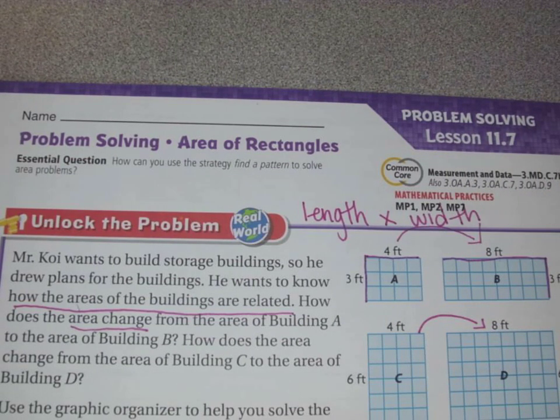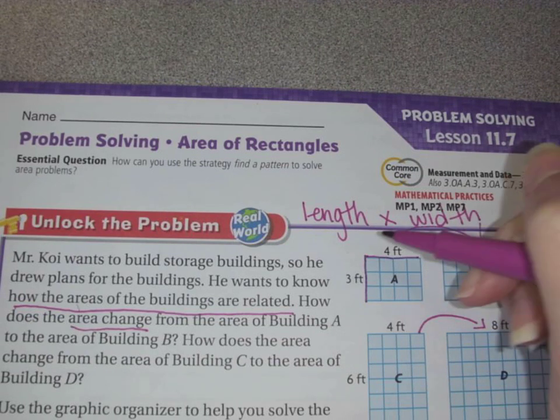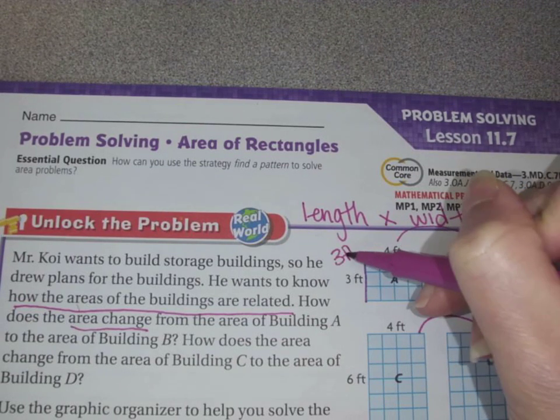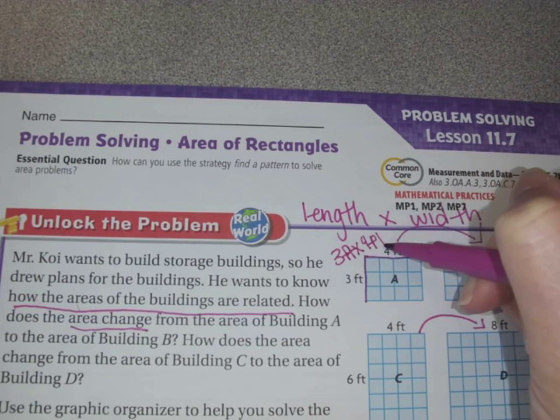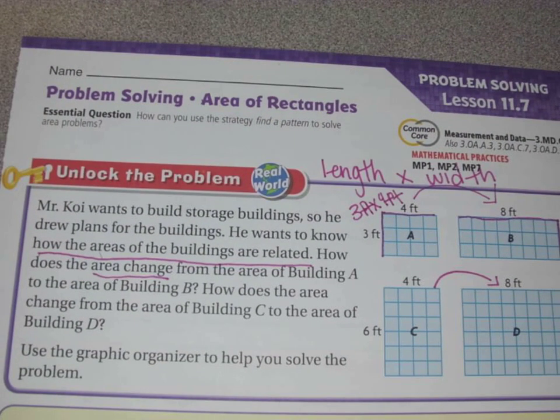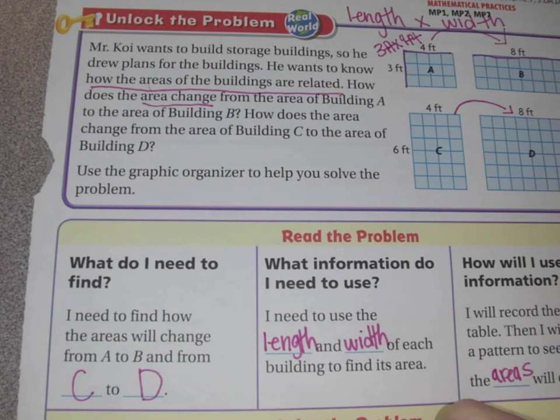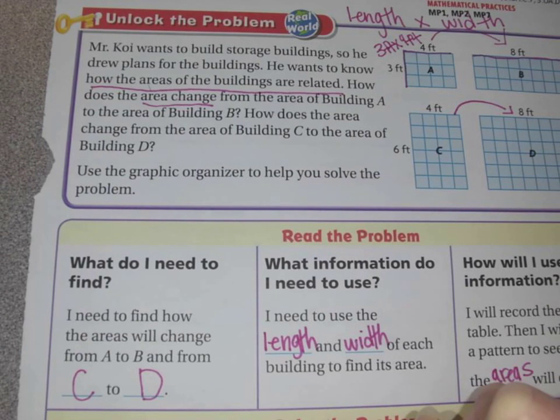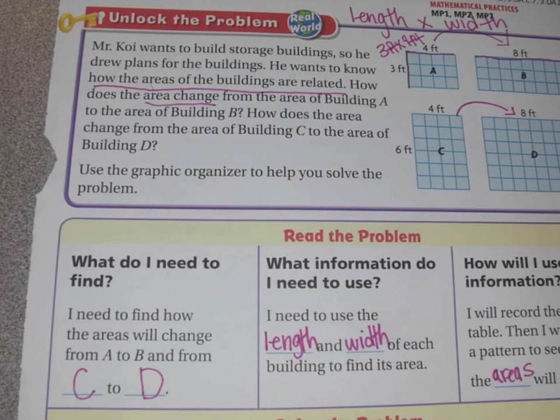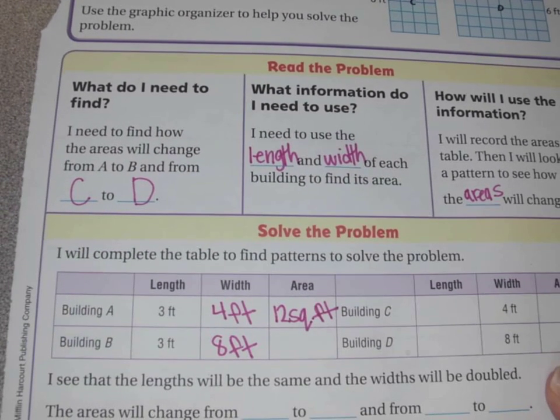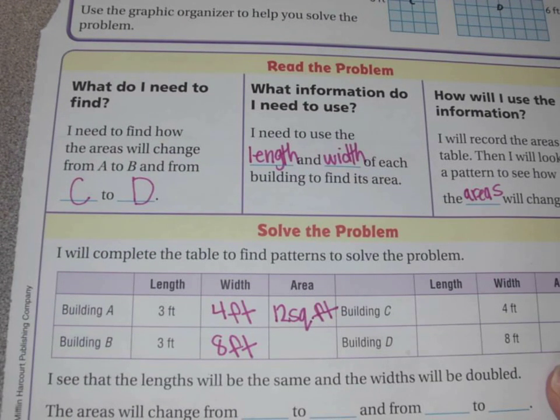You could double check by going back and counting the square units. All right, so I know for building A, 3 feet times 4 feet is 12. So that's the area, 12 square feet. Not just 12 feet, it's 12 square feet, because these are unit squares. Okay? So for building A, area is 12 square feet.